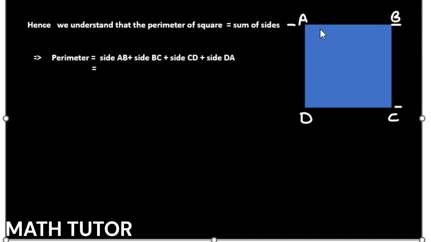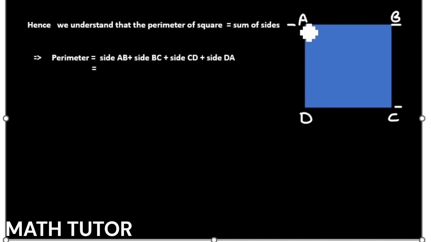Here for the square ABCD, perimeter equals the length of side AB plus length of side BC plus length of side CD plus length of side DA.